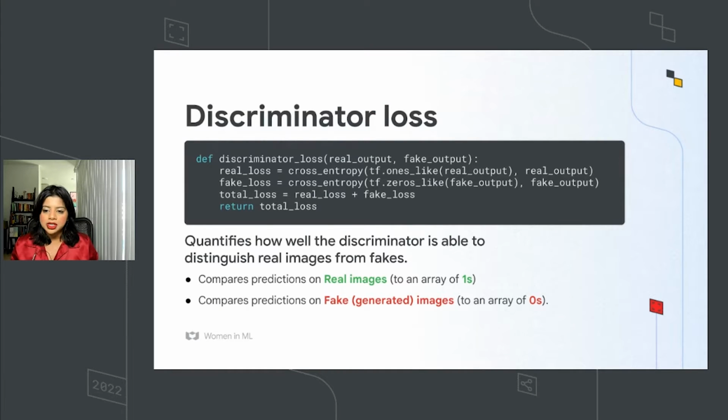To go more in depth, the discriminator loss compares how many predictions are correct. As I've said before, how many instances are real that are actually real data versus, if this is fake, obviously the generator created this. So it's able to distinguish between real and fake images. We can call real images an array of ones, and then it compares the predictions on fake or generated images, which consist of an array of zeros.